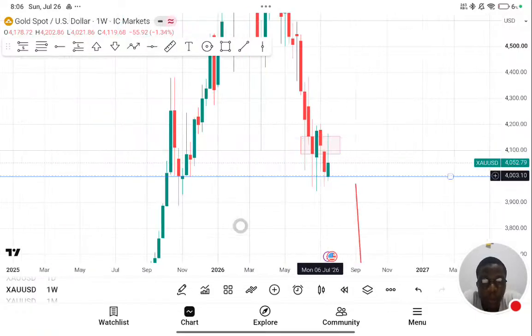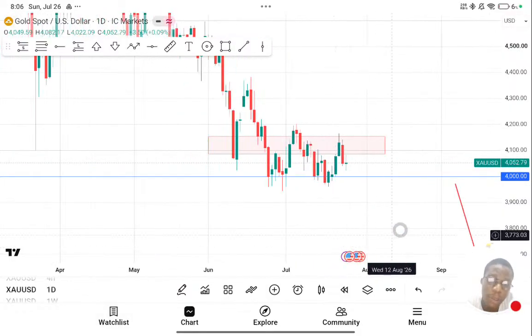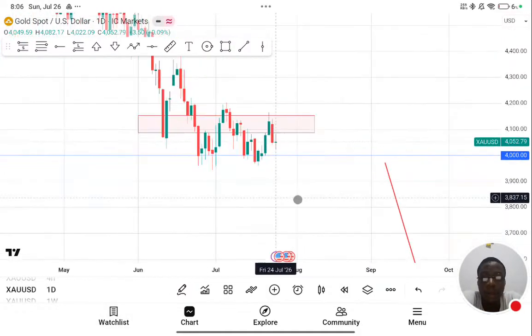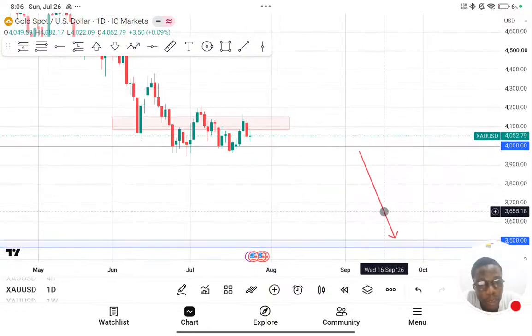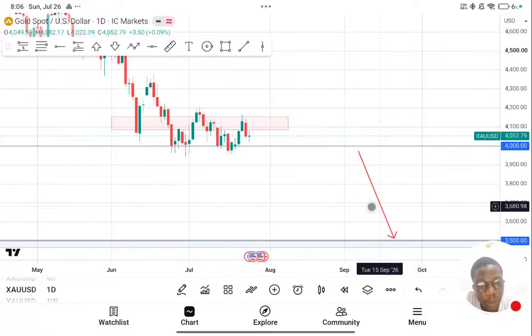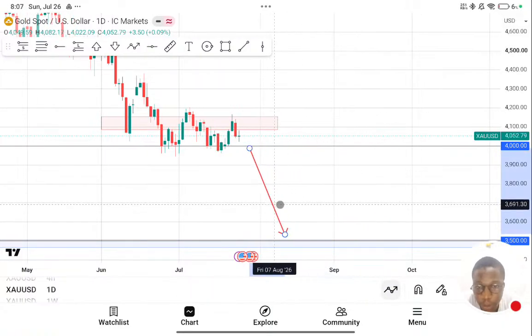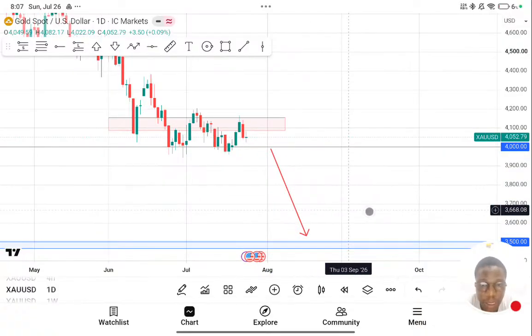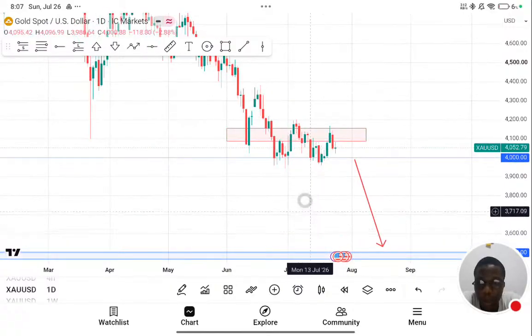So we're going to be positioning, but if you sell at the wrong point, you're going to get hurt. Can you see? Once this drop happens, it's not just going to be all this. It's going to be a very wicked drop once it breaks this level, 4,000. Oh my God.